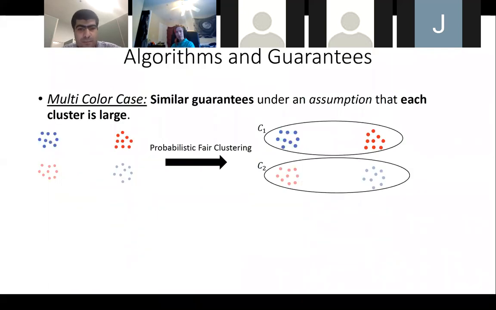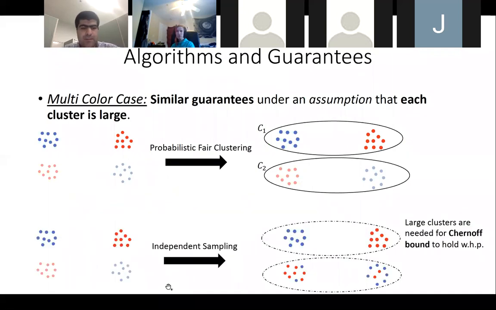Okay, so what about the multi-color case? We get similar guarantees, but under the assumption that the cluster size is large. The idea behind the solution is that we do independent sampling. So if we assume that each cluster size is large, and if we sample, just to be clear, independent sampling means that each point has probabilities over the colors, and you sample the point.